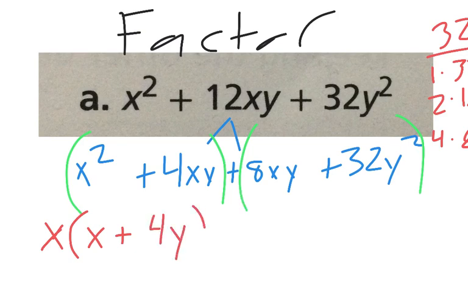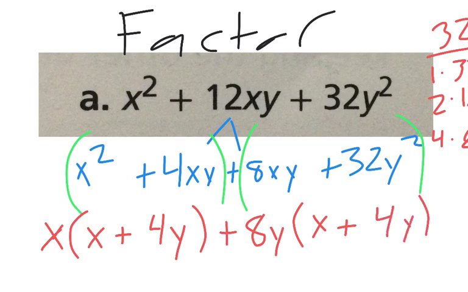And then for the last 2 terms, what's their GCF? 8y. They both have a y, and 8 is the GCF for the coefficients. That leaves me with x plus 4y. Do the parentheses match? Yeah. So grouping works.